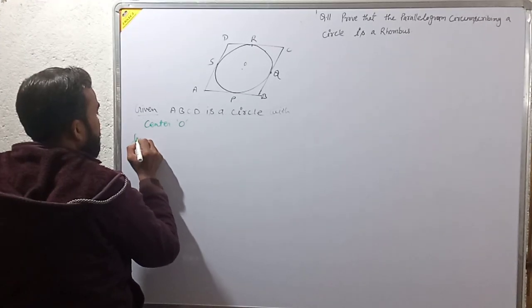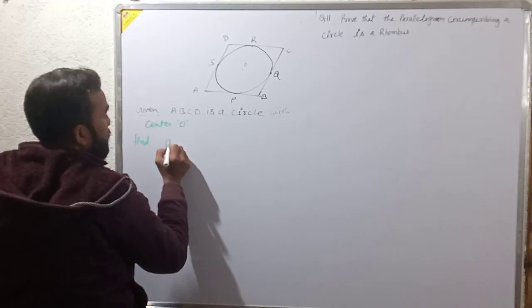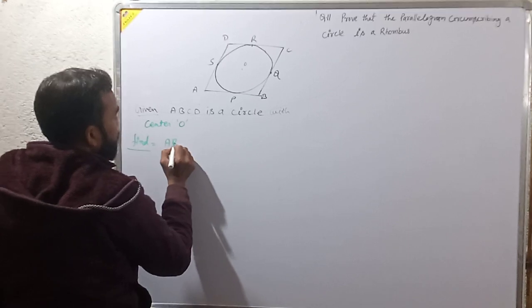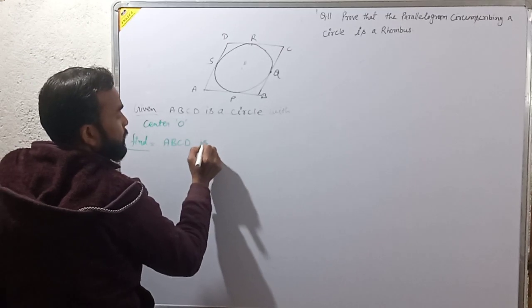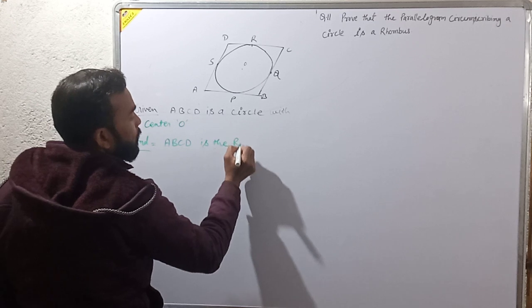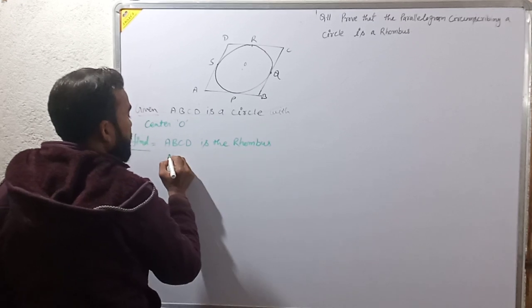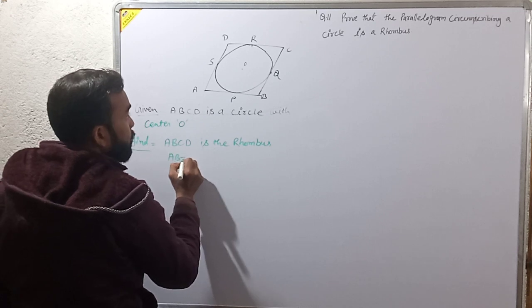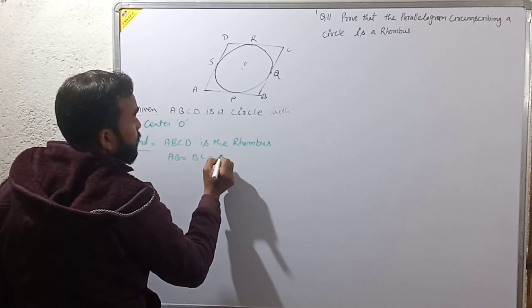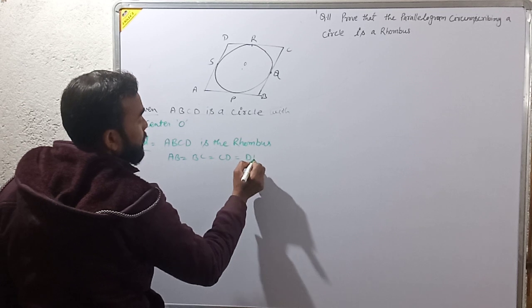We have to prove that ABCD is a rhombus. That means AB equals BC equals CD equals DA.